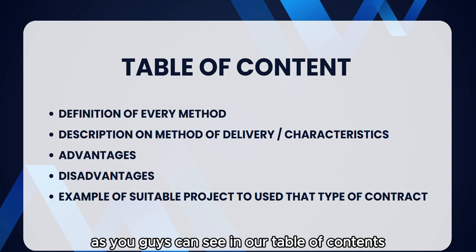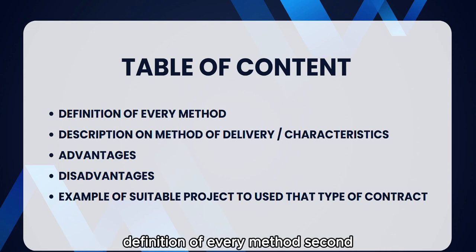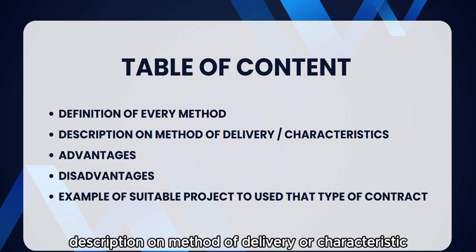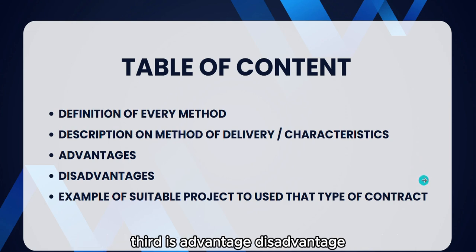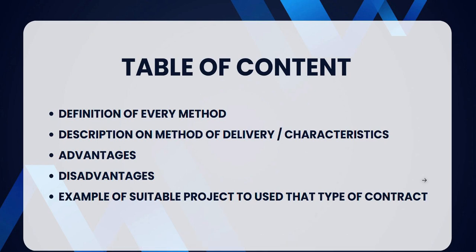As you can see in our table of contents, there are 5 things we'll be going through today. First, definition of every method. Second, description on method of delivery or characteristic. Third is advantage, disadvantage, and lastly is example of suitable project.